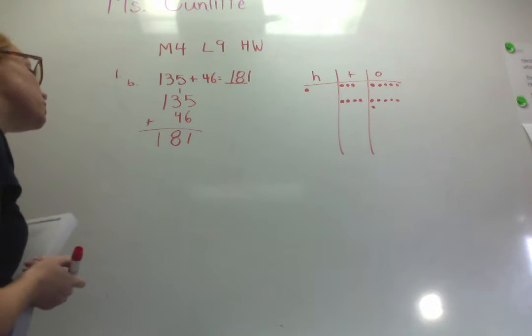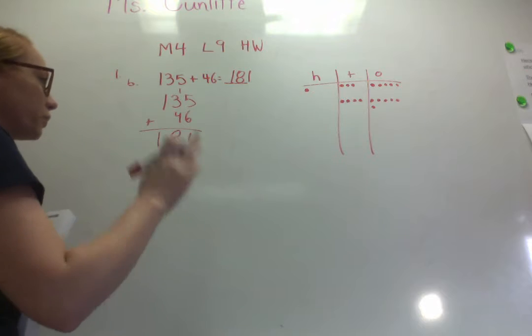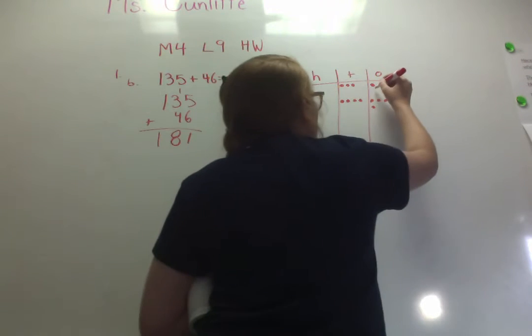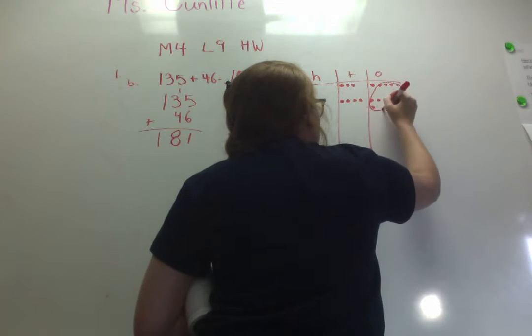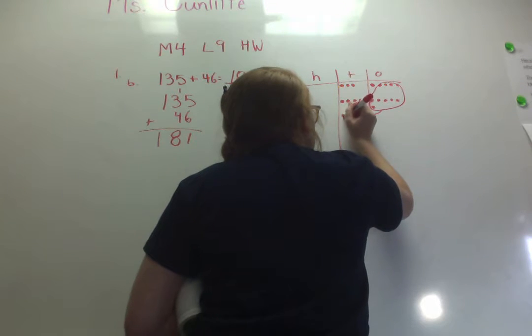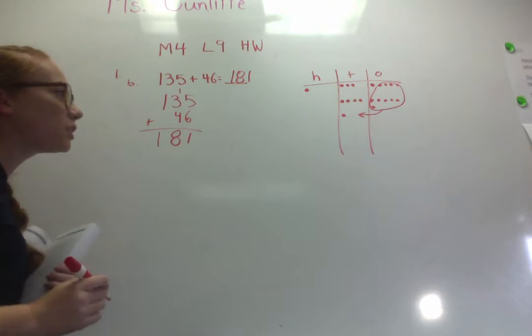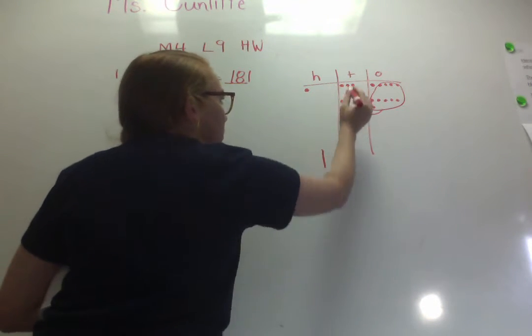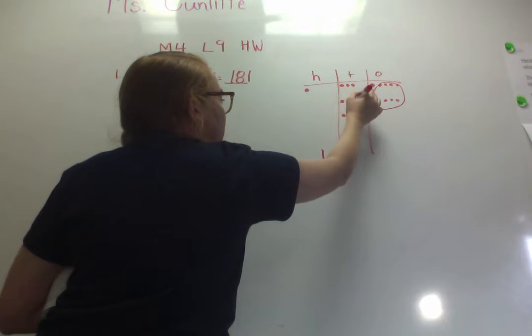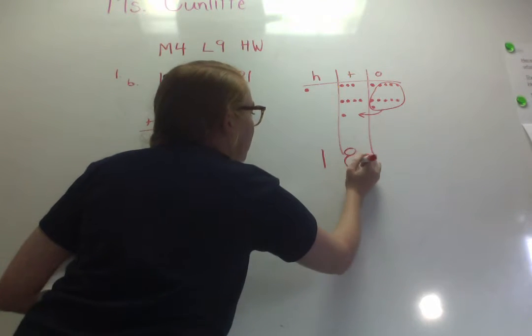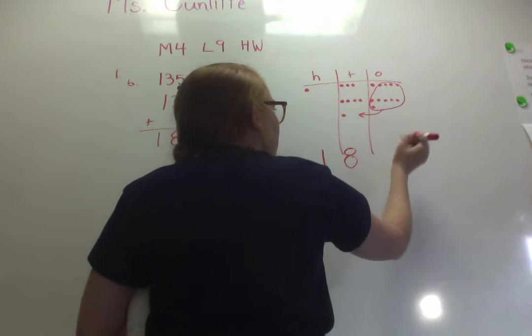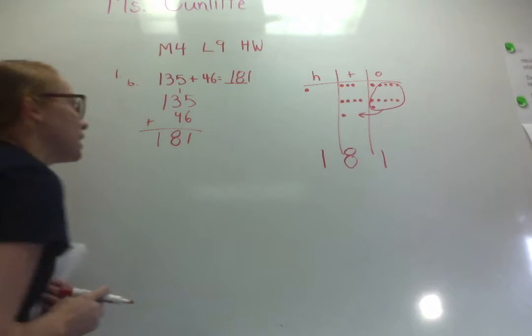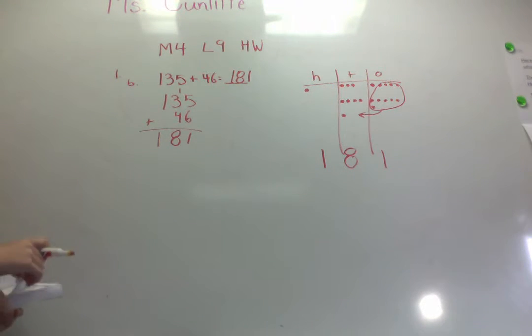We're going to have to circle our 10 ones and move them over to the tens place. So I'm going to go ahead and do that. Draw my arrow over, place it over here, and now figure out what my answer is. 1 in the hundreds, 1, 2, 3, 4, 5, 6, 7, 8 in the tens, 1 not circled in the ones. So 181.